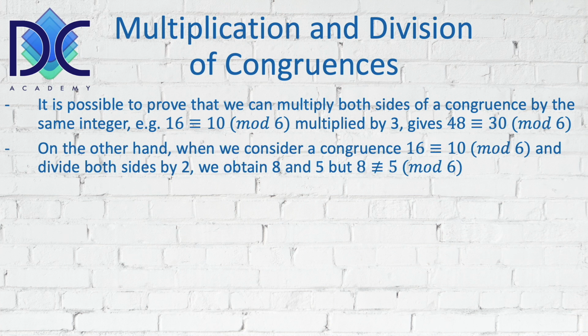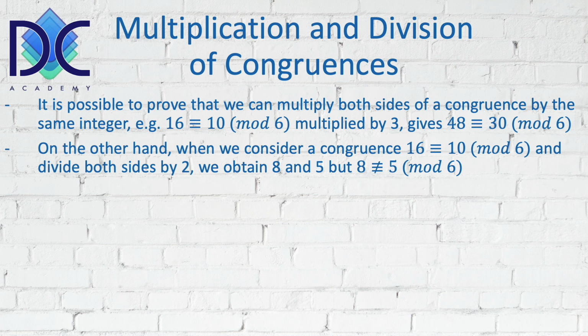Now, on the other hand, consider the same congruence, 16 is congruent with 10 modulus 6, and we divide both sides by 2. We obtain 8 and 5, and now we have to see if 8 is congruent with 5 modulus 6. The question we have to ask is, does 6 divide 8 minus 5? So 6 divides 3?